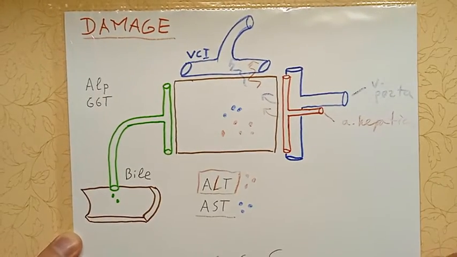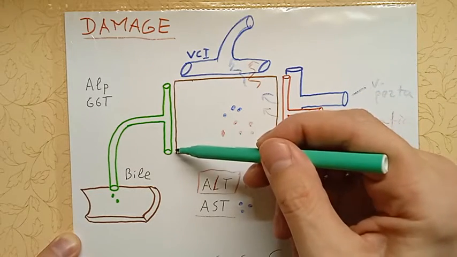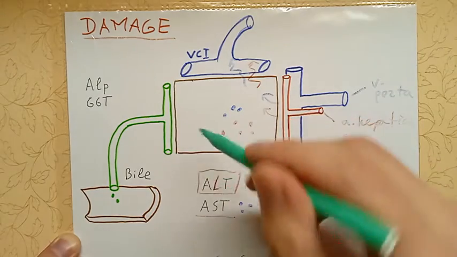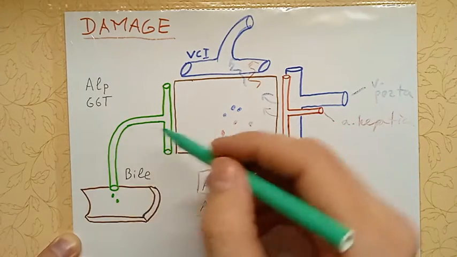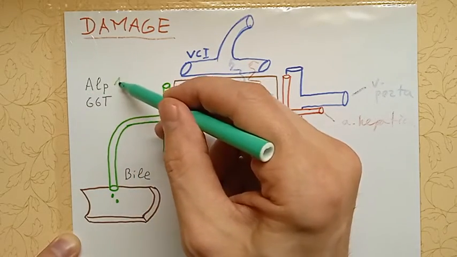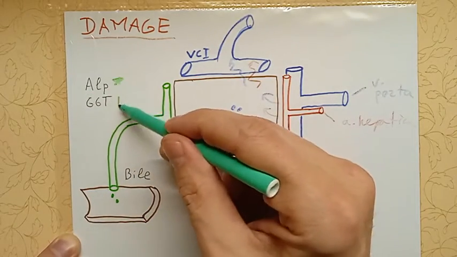They are needed for a proper work of the cell. Near the wall and in the wall that is connected to the bile tract, two enzymes are located, ALP and GGT.